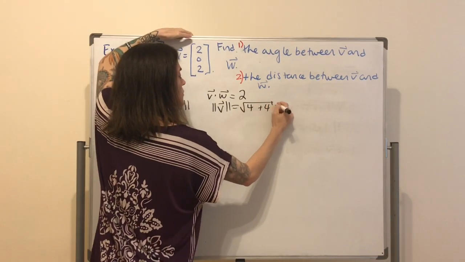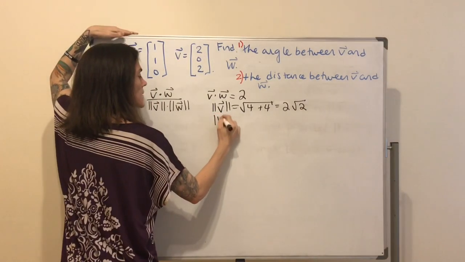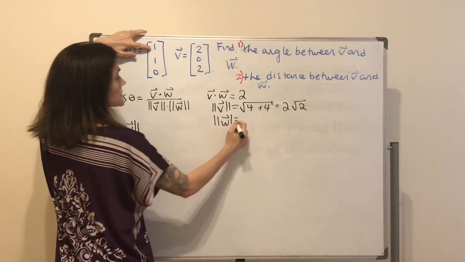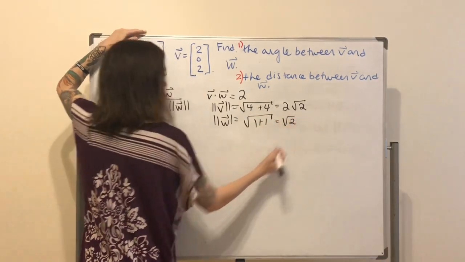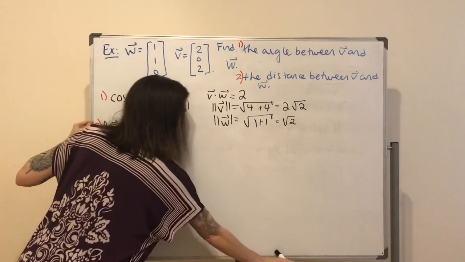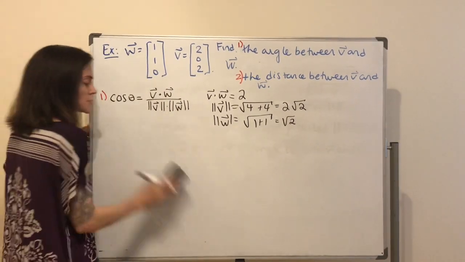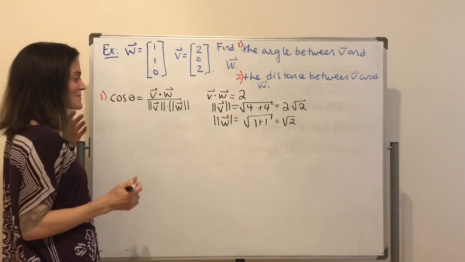This is the square root of 8, or 2 square root of 2. The length of W is here, square root of 1 plus 1, square root of 2. Okay, so maybe I need to actually erase this. I will come back to it. We will finish this problem, part 1, and then move to part 2.